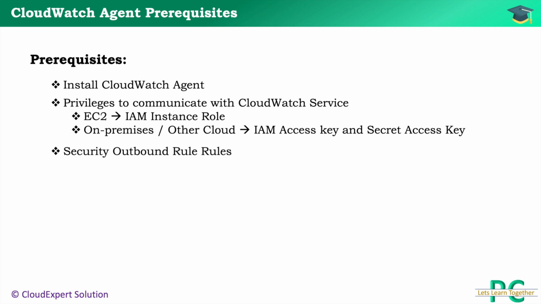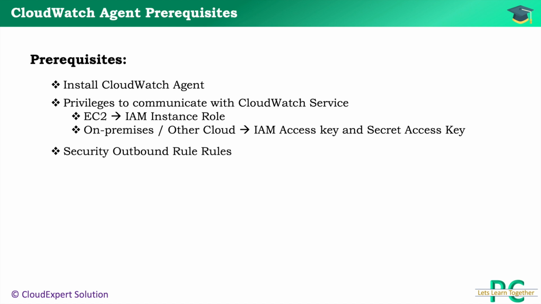Then security outbound rules. As you know, a security group is a logical firewall at the instance level. Using a security group, you can filter the inbound and outbound traffic to and from your EC2 instance. If you are using the default security group, it will have all the rules that allow your CloudWatch agent to communicate with the CloudWatch service.